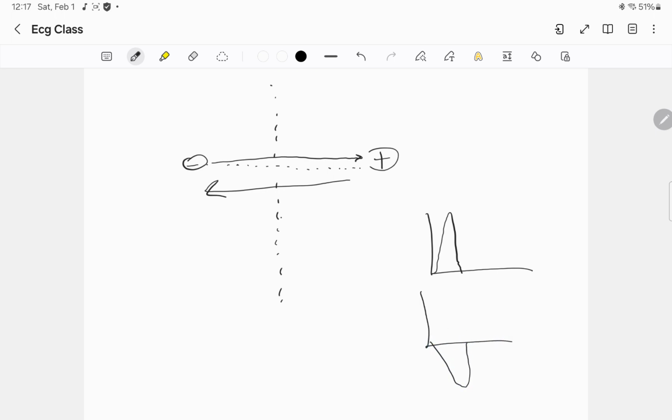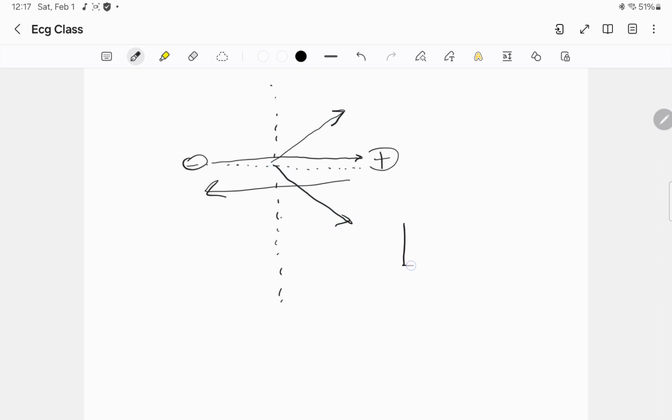And if it's going in the direction of the positive electrode but at an angle such as this, you'll get a predominantly positive wave, or a smaller wave but still positive.